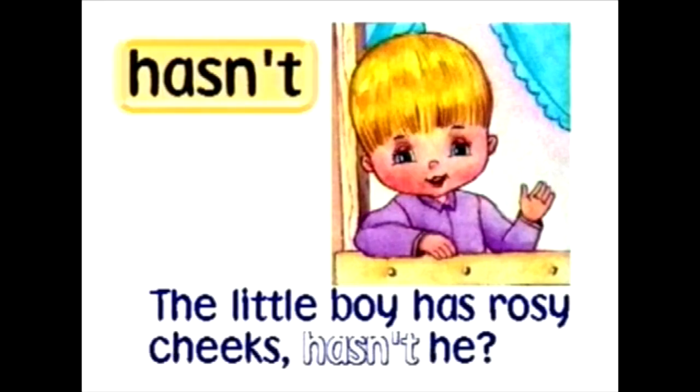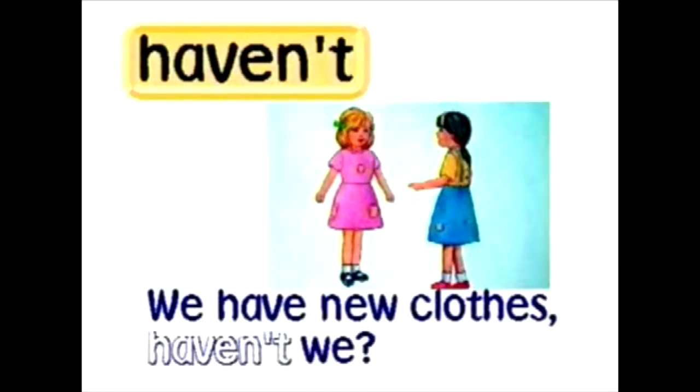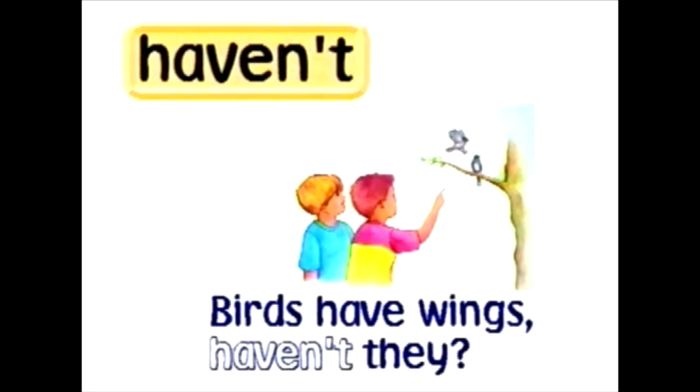The little boy has rosy cheeks, hasn't he? Yes, he has. Have and haven't. We have new clothes, haven't we? No, we haven't. Birds have wings, haven't they? Yes, they have.